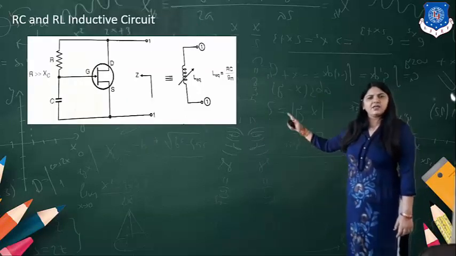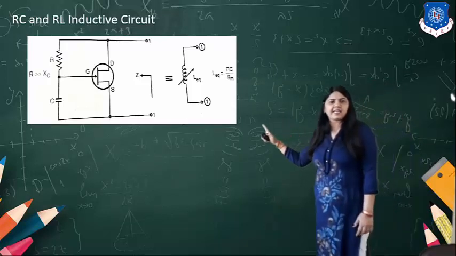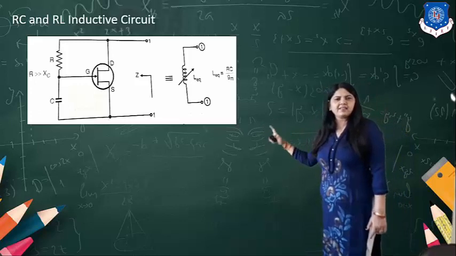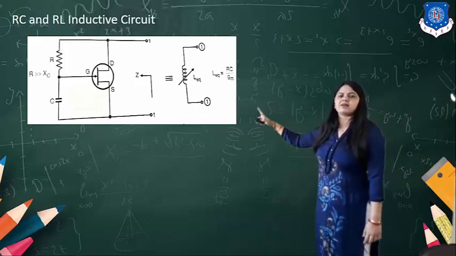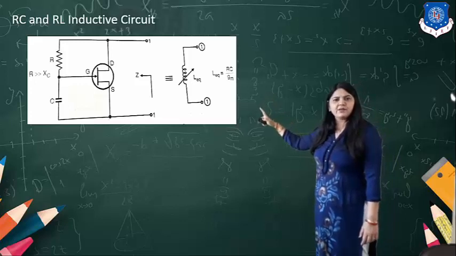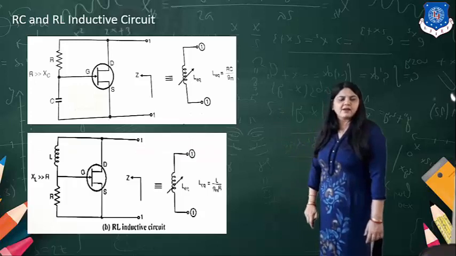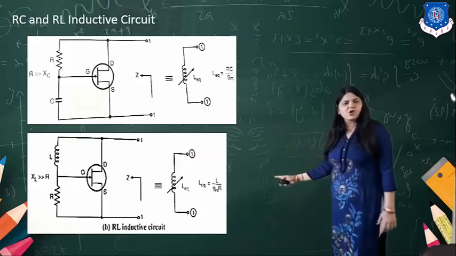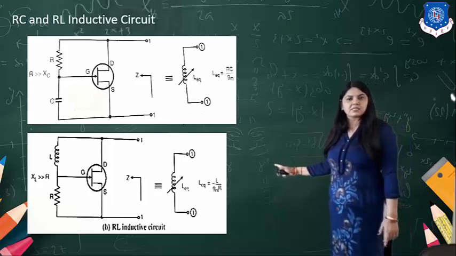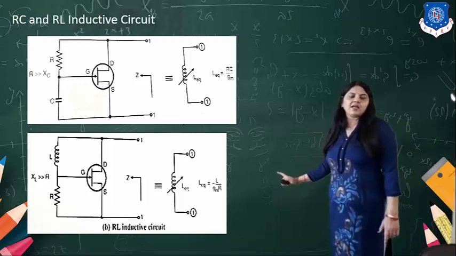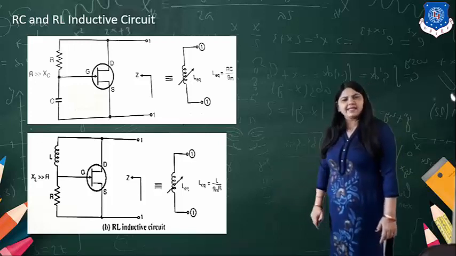Now, here we can see the diagram of the FET reactance modulator and the equivalent value of the reactance, the inductance value that we observe at the output end. This is the arrangement for the RL circuitry, the inductive circuitry, and we have the L equivalent value.